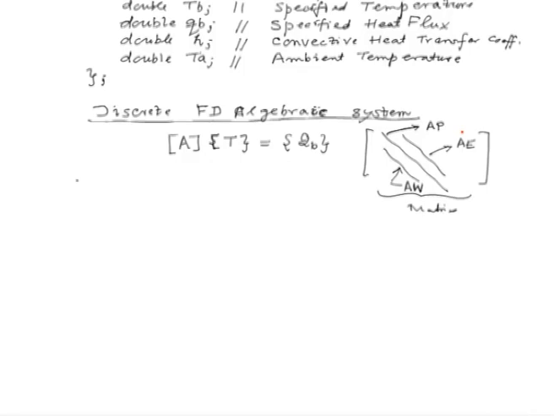So now let us opt for the second choice. We will call it system matrix only, which will store the entries of our discrete algebraic system A. T and QB would be left as standalone vectors. But if you do that, we will have to make sure that we pass these separately. So we must have an extra argument which should be supplied to our relevant modules.